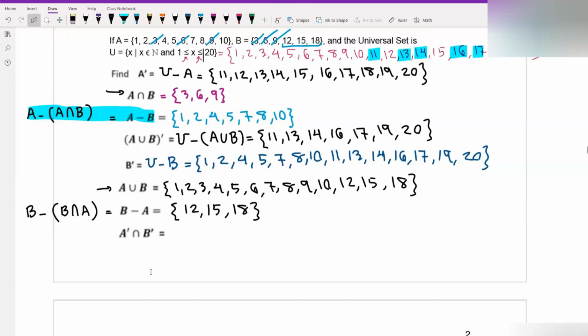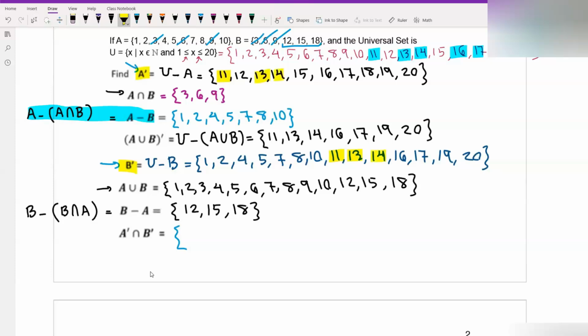For this one, A prime intersection B prime, we have the answer for these two. So we have complement of A, we have complement of B. See what we have in common between these two sets. So we're working on these two sets, trying to find what the intersection is. This one's starting from 11 up to 20, right? We have 11. Then we don't have 12, we have 13, we have 14.